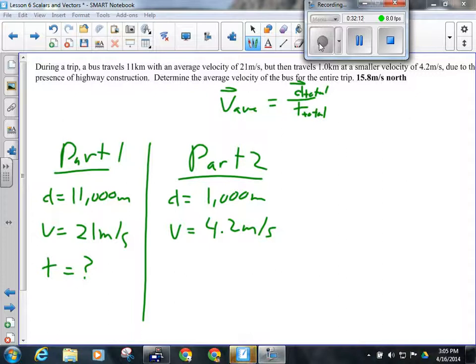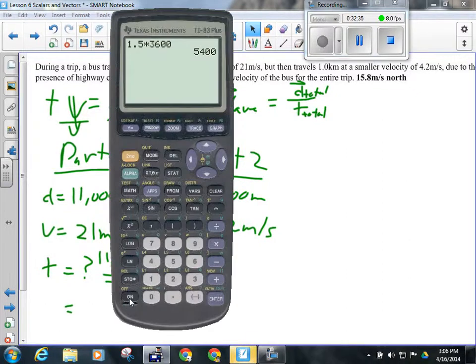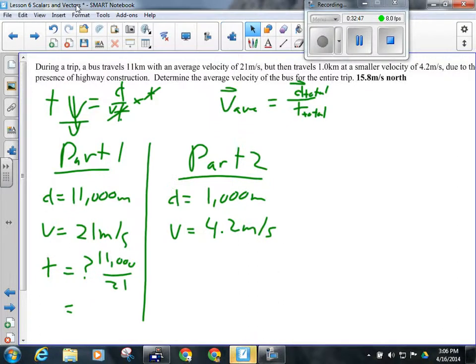For the first one, I go V equals D over T, and I've got to manipulate for T. I multiply both sides by T so that it's on top, and then I divide both sides by V. So T equals D over V. For this one, that means 11,000 over 21, which gives me 523.81 seconds.